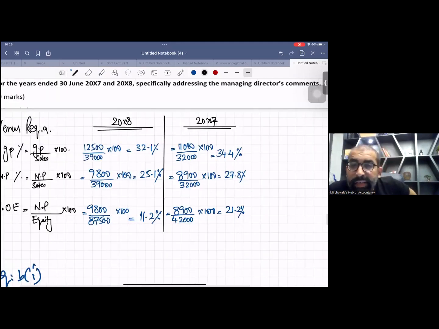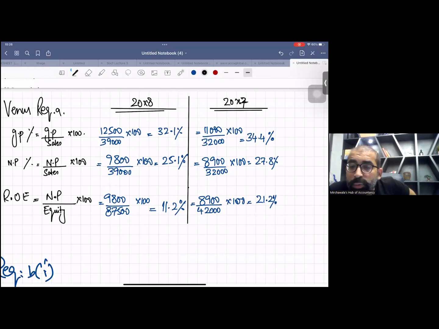The last year individual NP margin was 27.8%. When the parent company was alone last year, it was generating 27.8% NP margin. And this year the parent company's individual margin is just 22.5%. We just calculated it. So see, there is a fall. If you compare individual books, there is a fall.